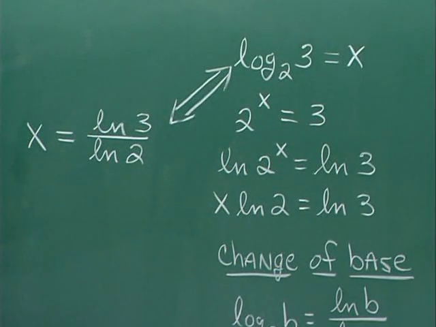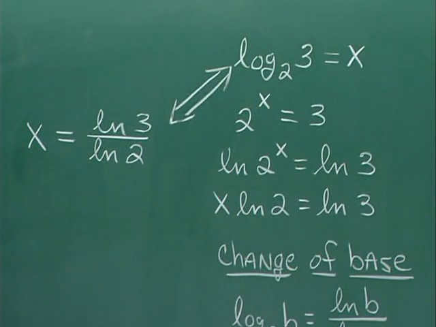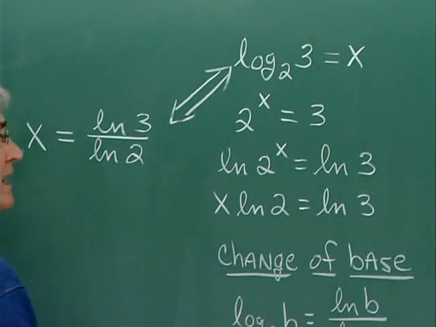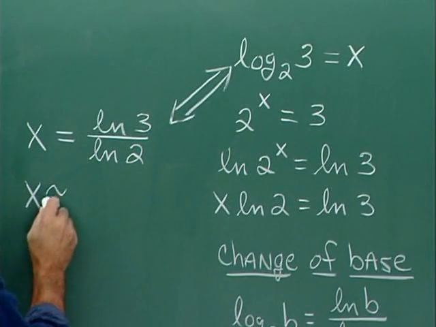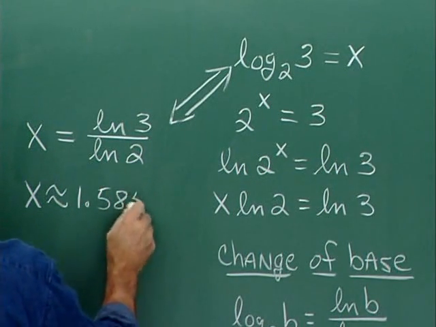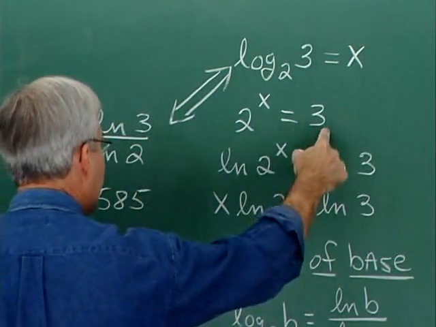And it turns out that this pattern can become a change of base formula. And we can go through all of this process, and we can actually punch the calculator to find this actual value. And x turns out to be approximately 1.585. So 1.585 is the exponent on 2, which will give 3.